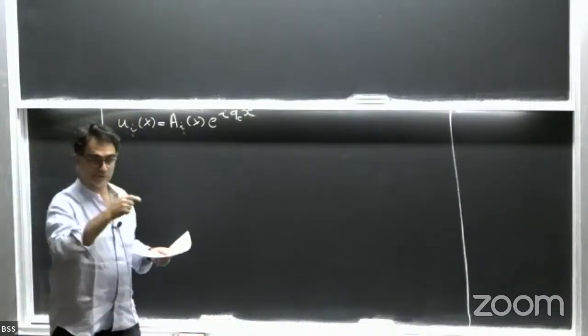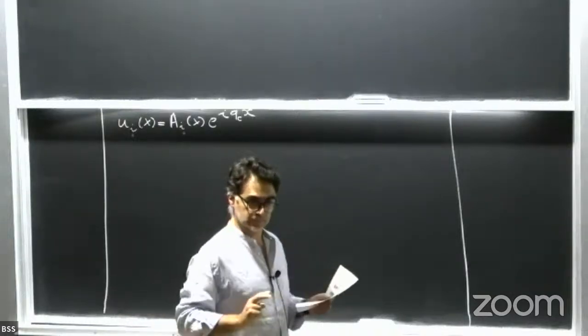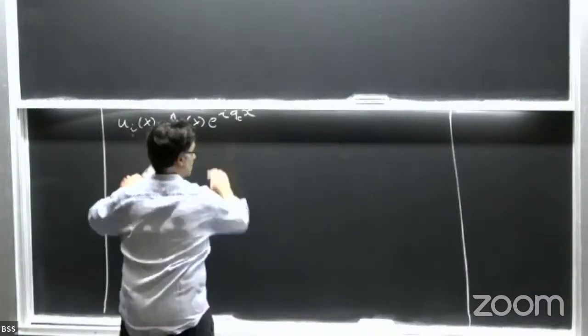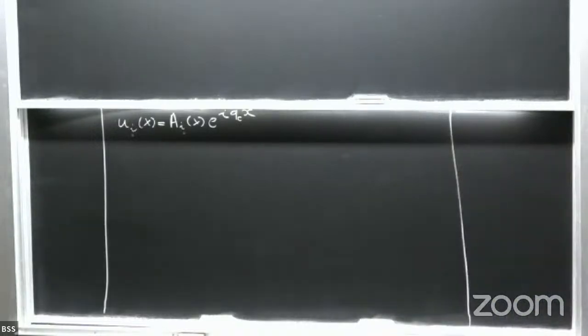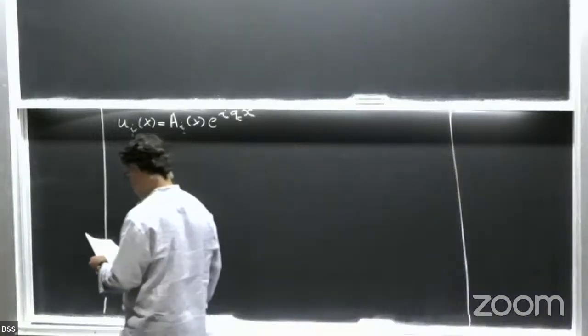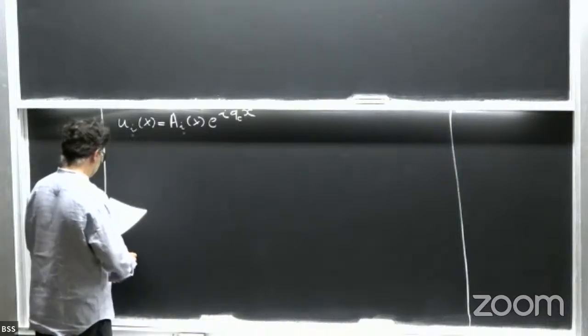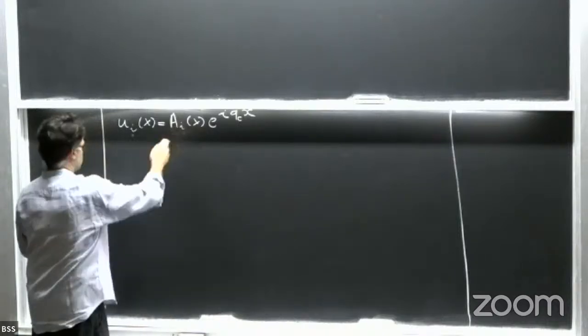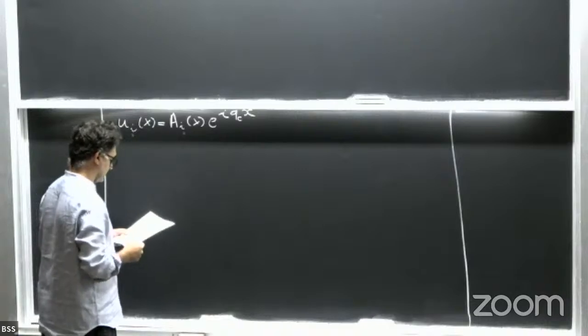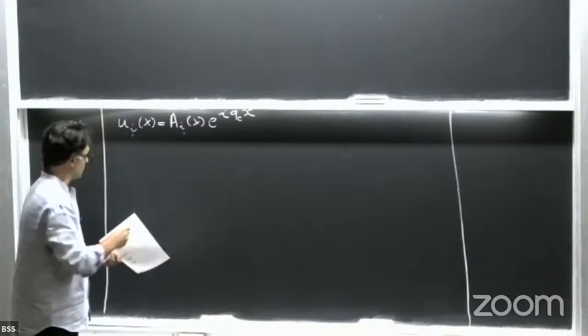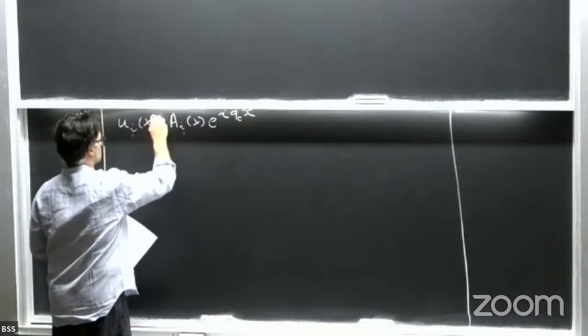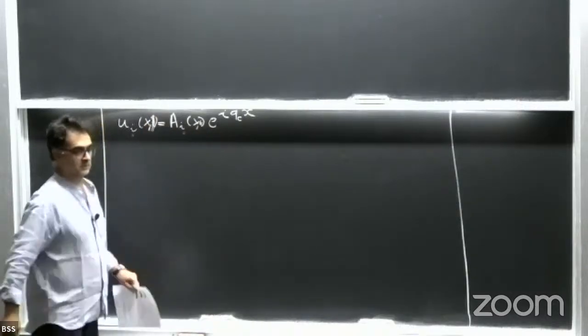And i can run from 1 to 2, depending on whether you have A or B. Now, if I take this ansatz and I stick it in the system of equations and I massage them, I'm going to get a set of equations for A1 and A2. No, it can have a time dependence, and it will come in if it's included in the Ai. And in fact, there will be. I just didn't write it.